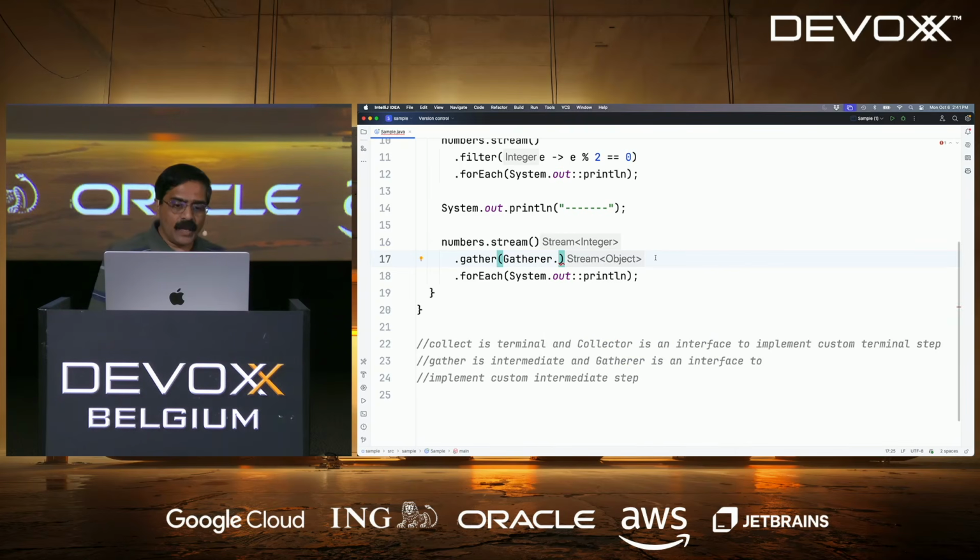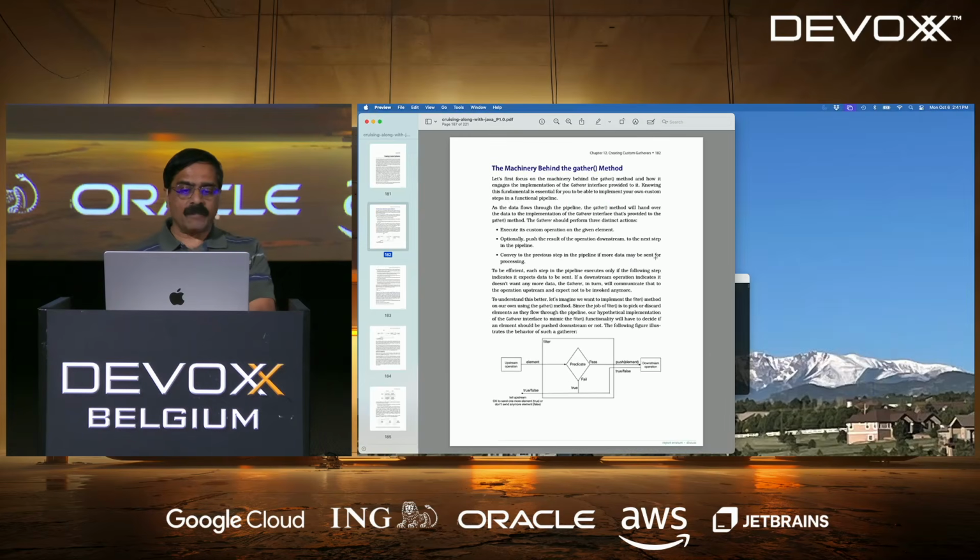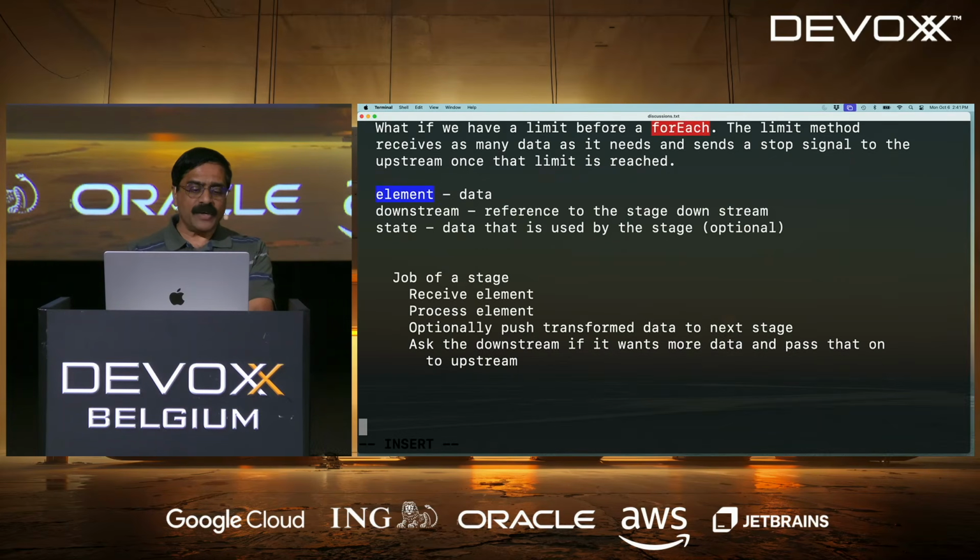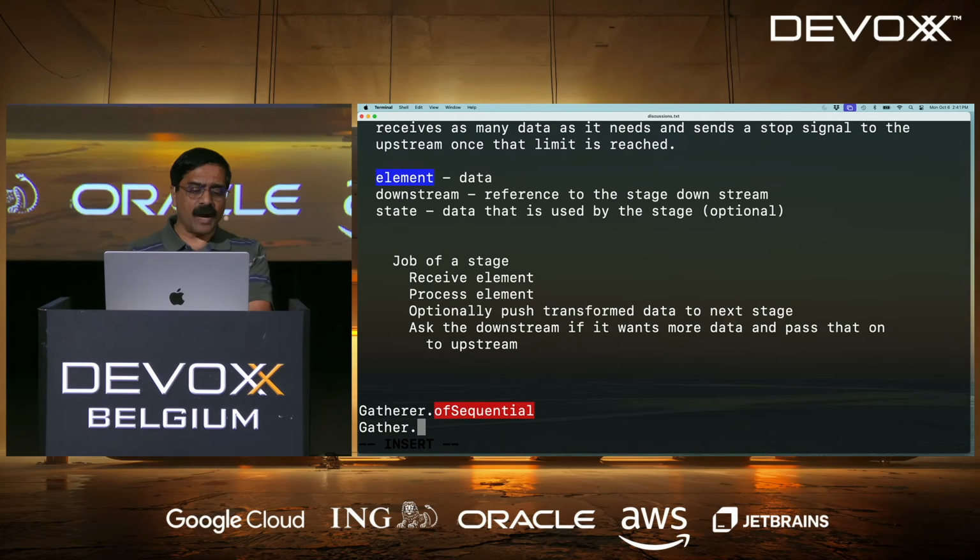Now, before we go further, let's talk about this real quick. There is Gatherer.ofSequential and Gatherer.of.